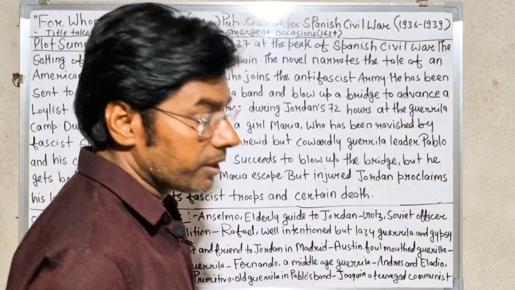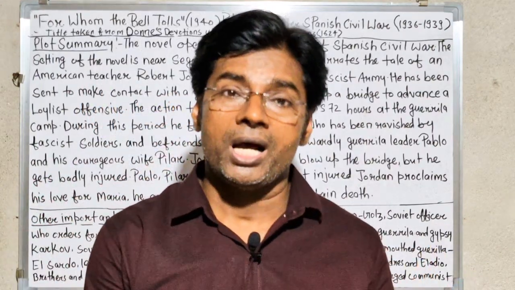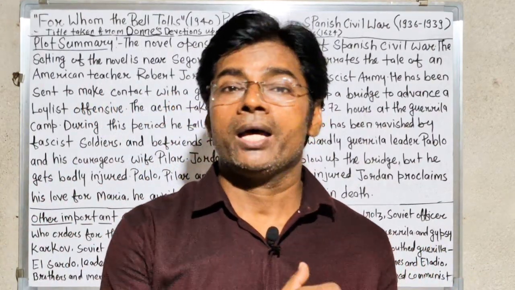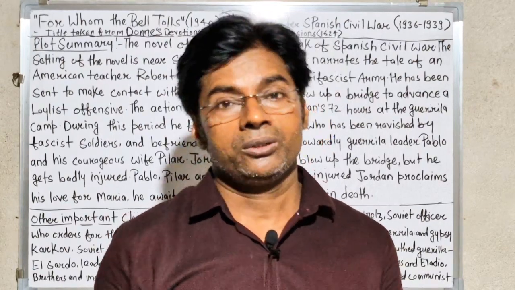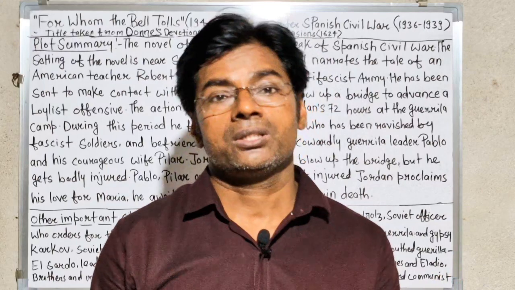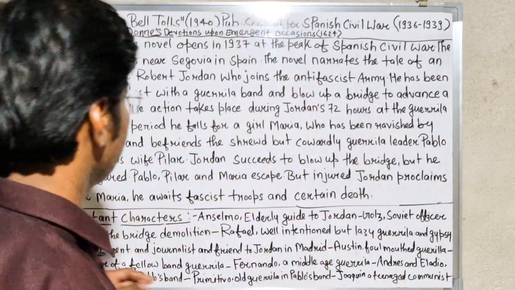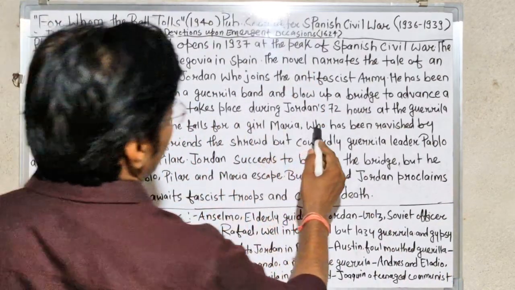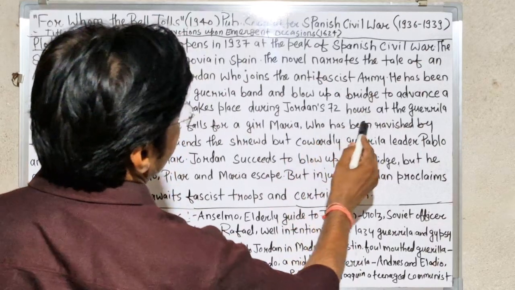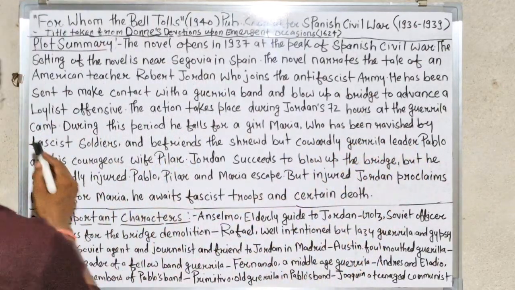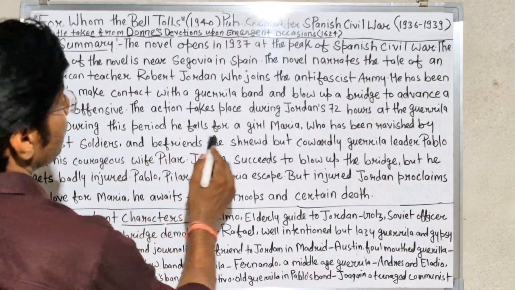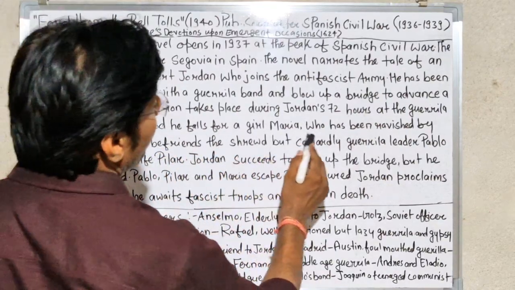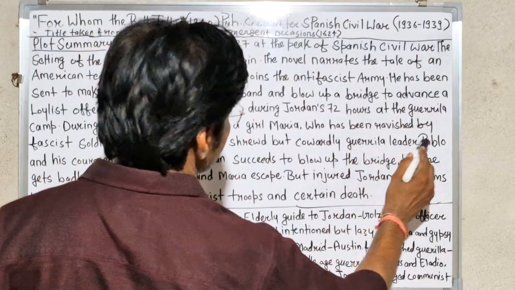Remember that. Maria is a young girl who is part of the guerrilla band he joins. She is raped, means ravished, by the fascist soldiers, and befriends the shrewd but cowardly guerrilla leader Pablo.